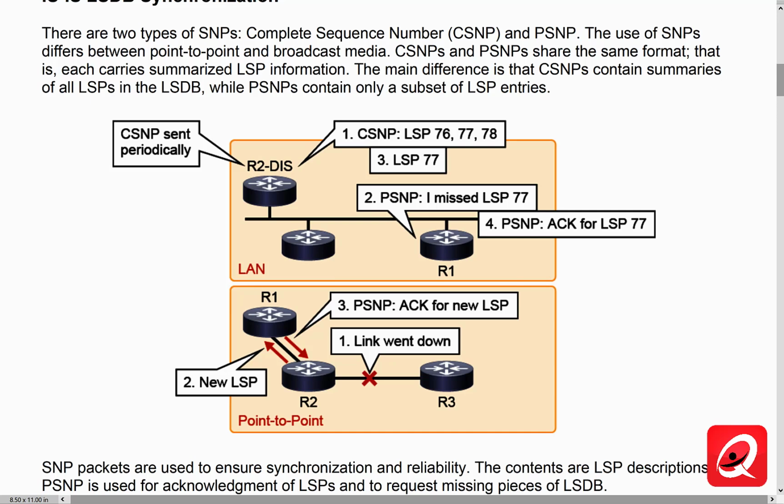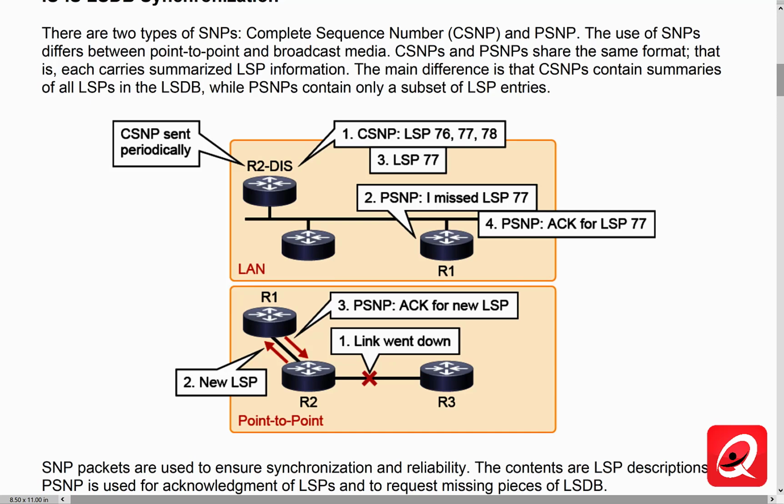All right. So in this particular example, router R1 compares this list of the LSPs with its topology table. It realizes that it's missing one LSP. The DIS is saying, here is the CSNP information for LSP 76, 77, and 78.